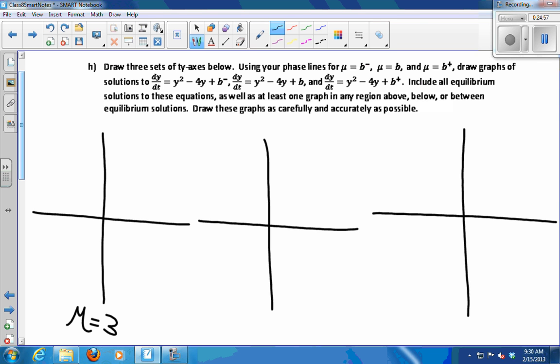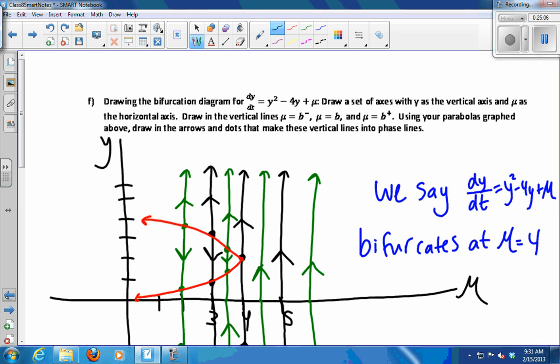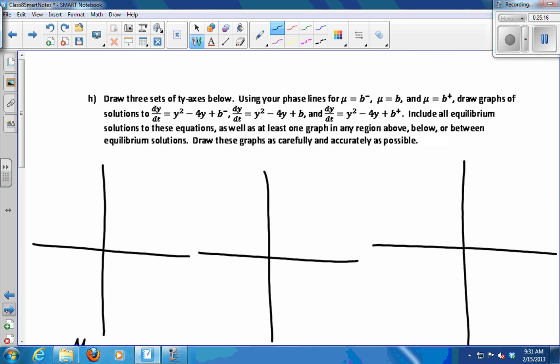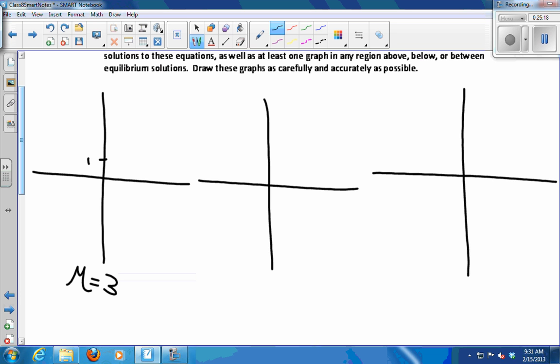How many equilibrium solutions were there? 2. And according to the phase line, they were at 1 and 3.